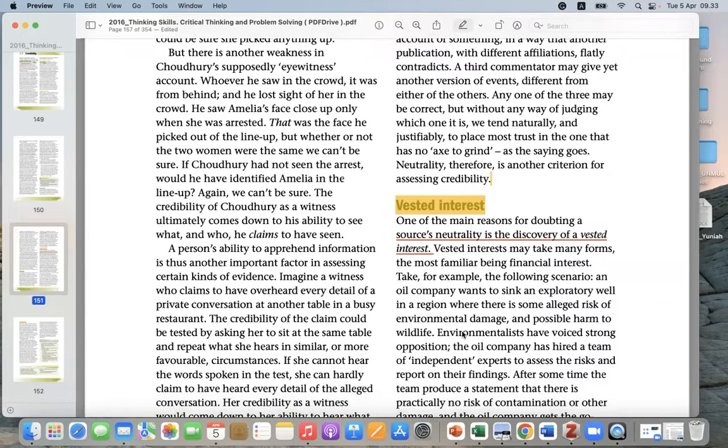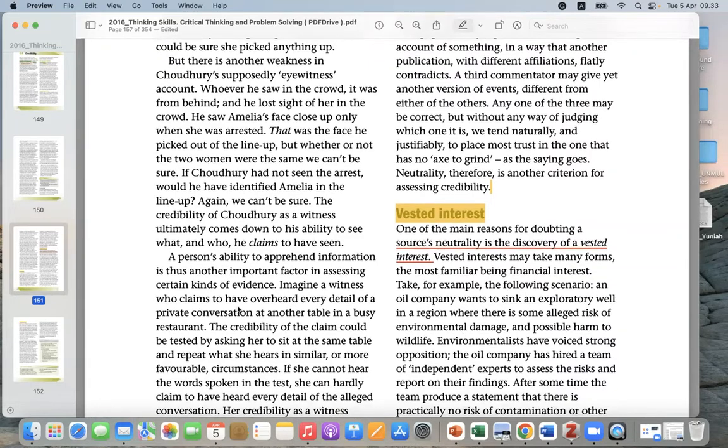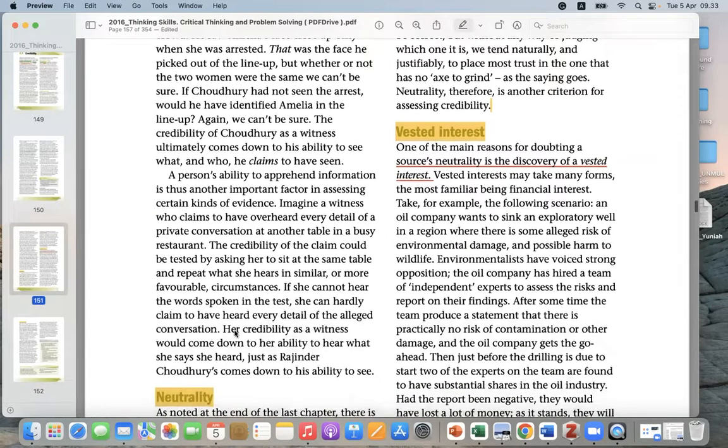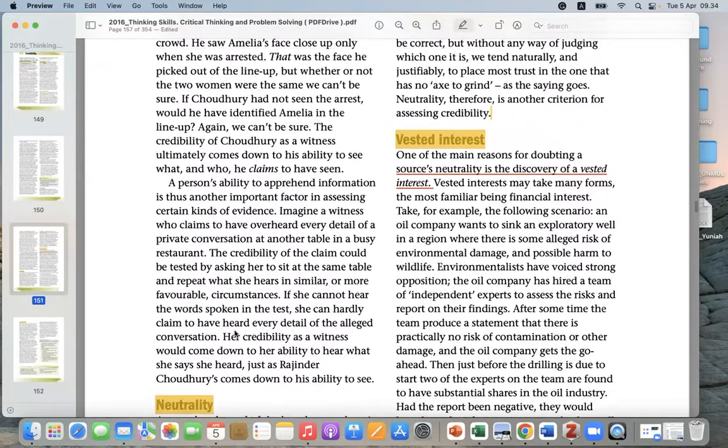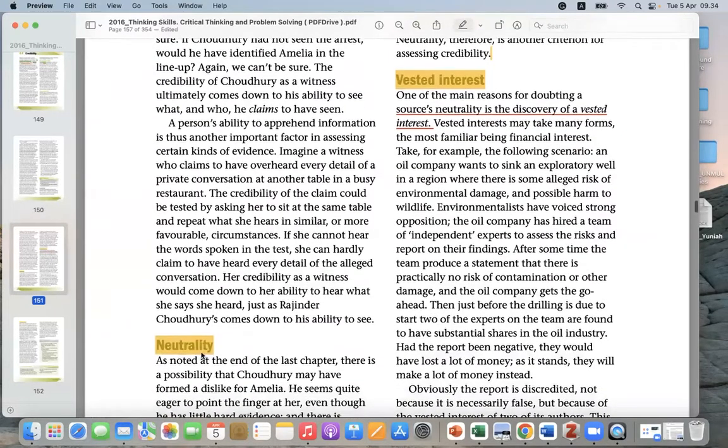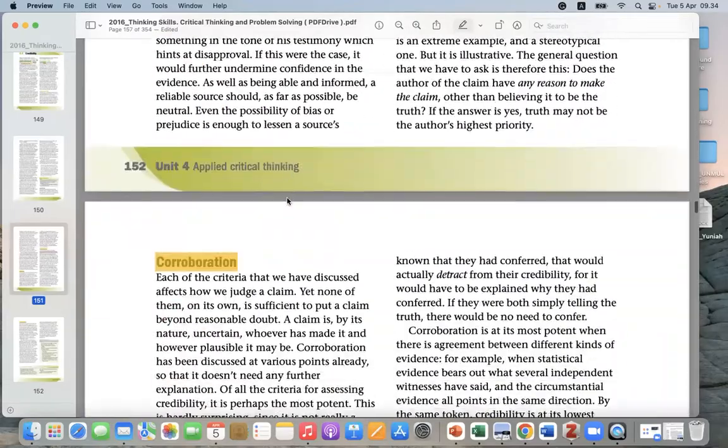Vested interest is when you have interest in some issue, then you tend to make some issue good or better or worse because of your interest. This is called vested interest. So when we are talking about arguments, I think you have to be neutral, not having vested interest.